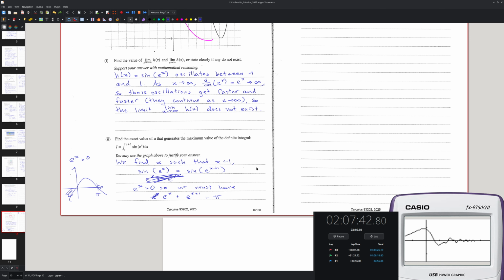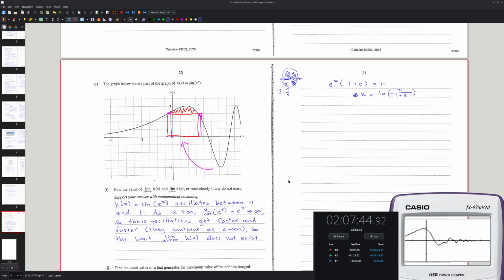Natural log of, what is it? Pi on, yo, what happened? USB device is no longer available. Yo, guys. I think my cable came out for my calculator.